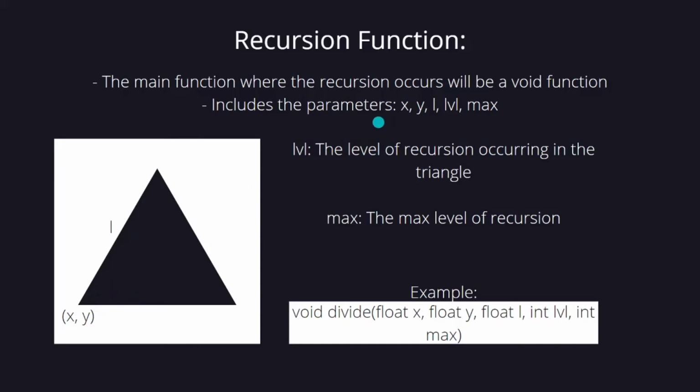L refers to the length of the current triangle, level refers to the level of recursion of the current triangle, and max refers to the max level of the triangle.